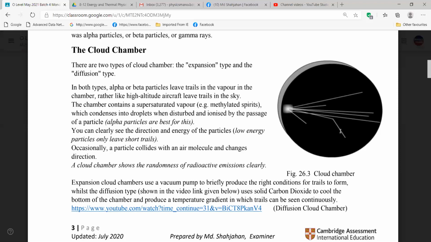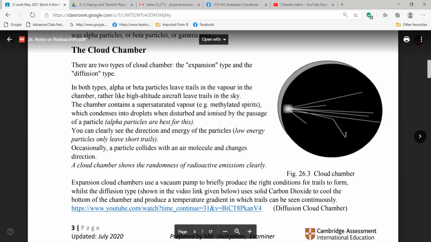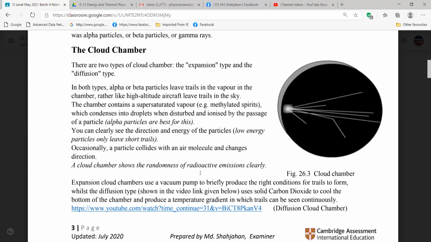It's going in different directions, and it might collide with an atom. So a cloud chamber shows the randomness of radioactive emissions clearly. You write all three, the italic ones, please do it quickly.